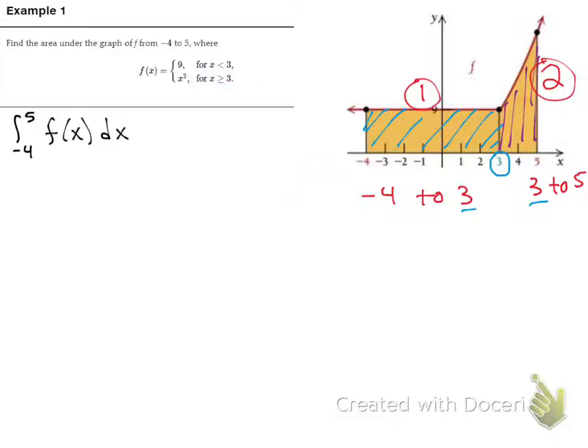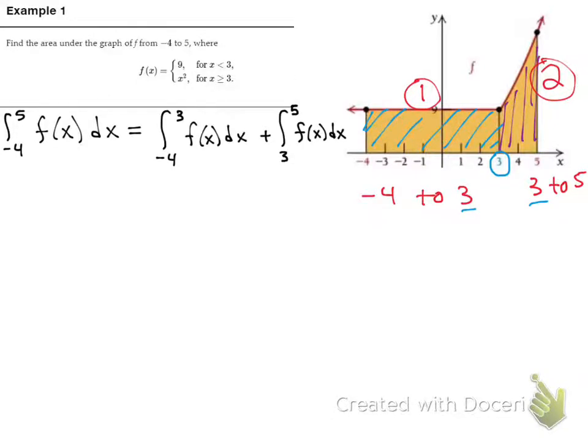So we know that what we want to find is the integral from -4 to 5 of our function f. And we know we can break that integral up into these two different pieces. So the integral from -4 to 3, and then the integral from 3 to 5. We're not just doing this for the fun of it, we have to do it this way because the function is defined differently on these two different intervals.